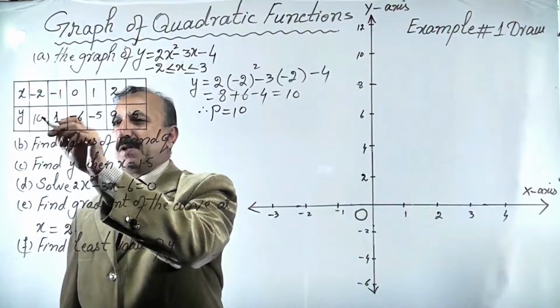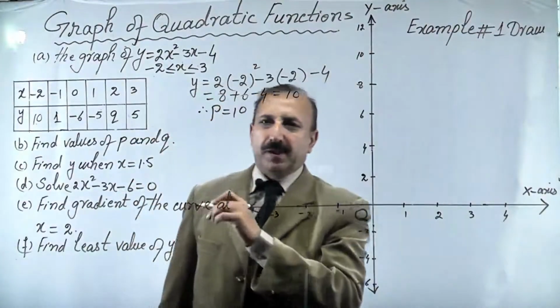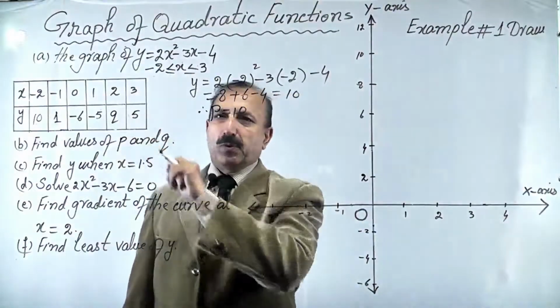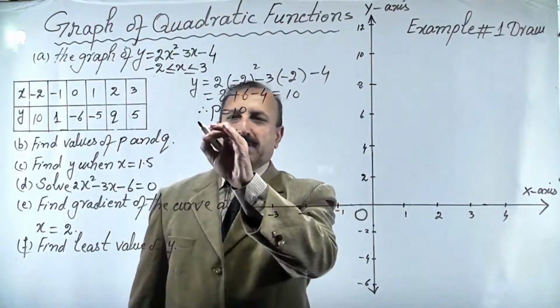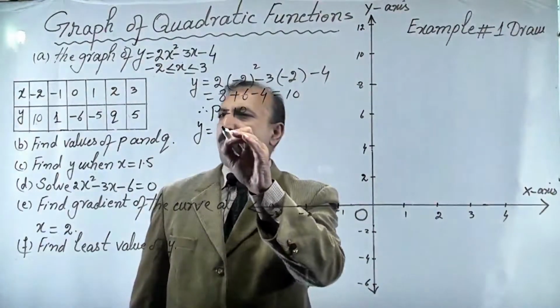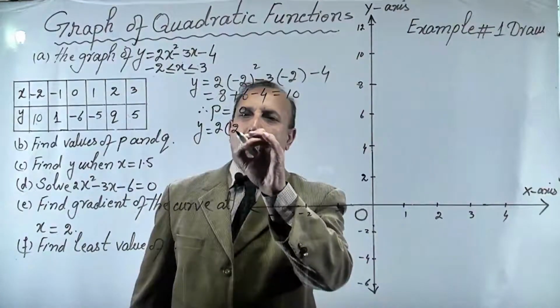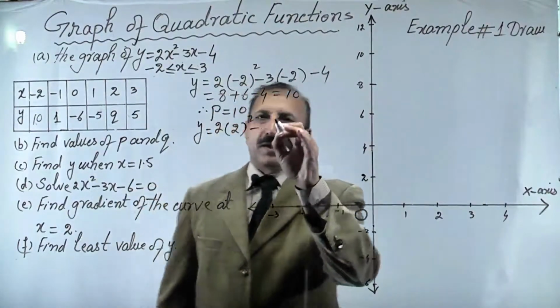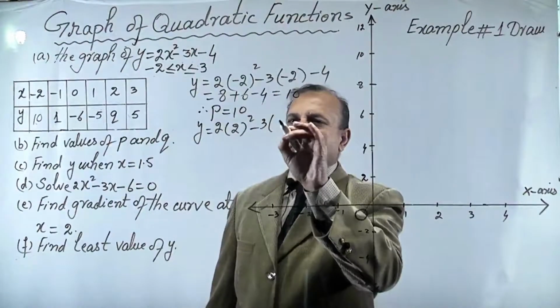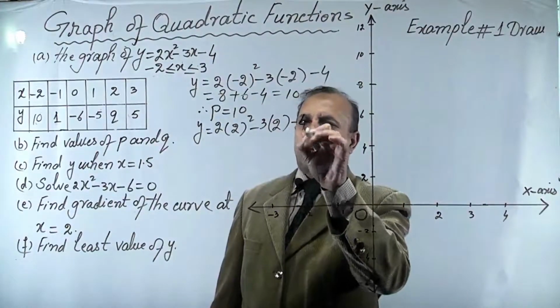We can replace P by 10. And similarly we will calculate the value of Q by substituting the values. y is equal to 2 times positive 2 whole squared minus 3 times positive 2 minus 4.